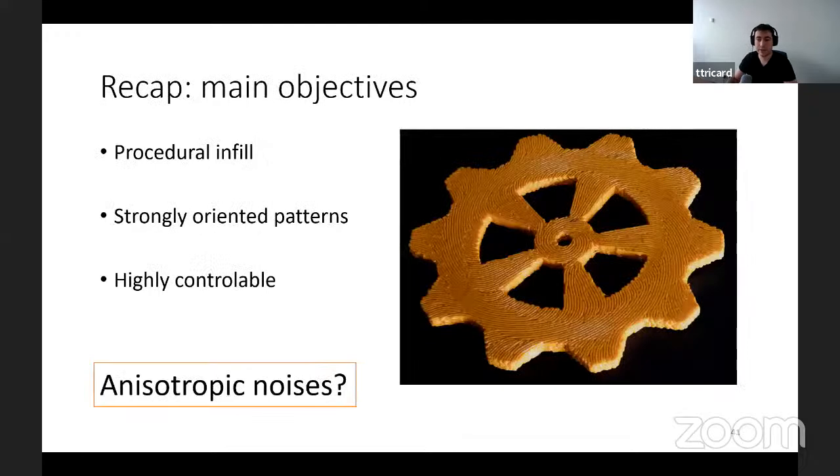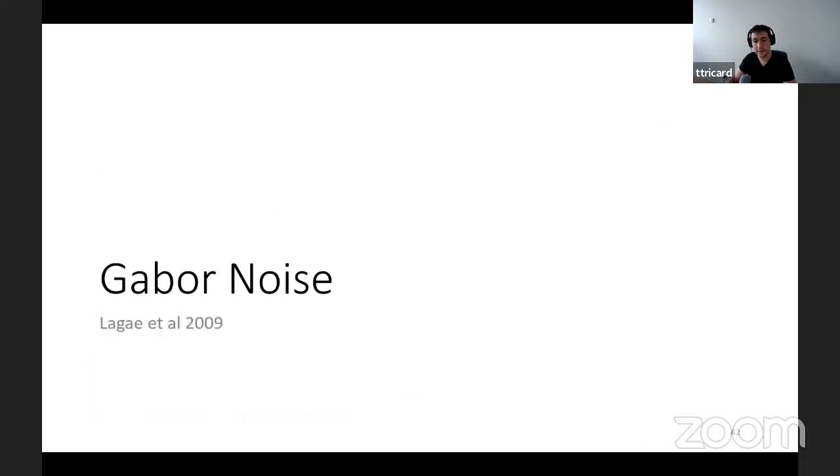But if we look back at our main objective, which was to create something that was strongly oriented, we can see that isotropy is not the best choice here. So instead, we went to anisotropic noise that can create an anisotropic pattern. And we chose to focus on the Gabor noise, which is one of the last ones from this category. So I'm going to go a bit into detail in Gabor noise because it's fairly important for our work now.